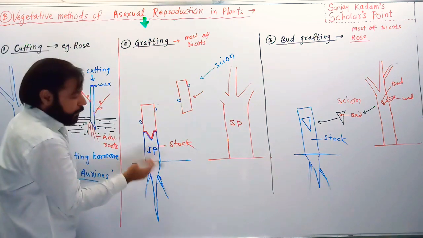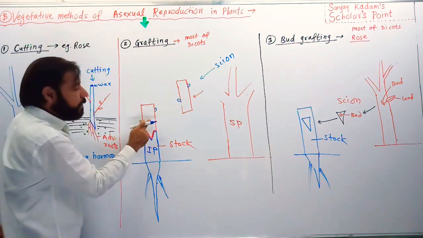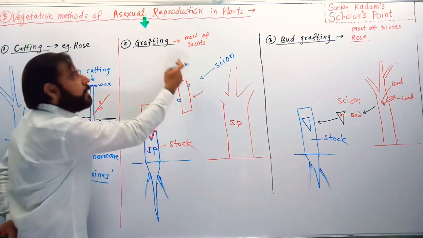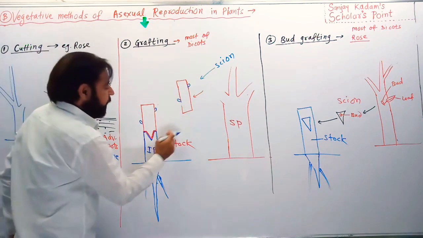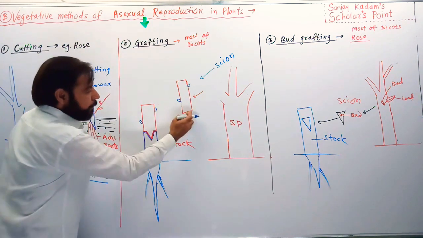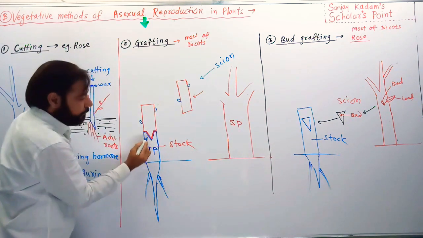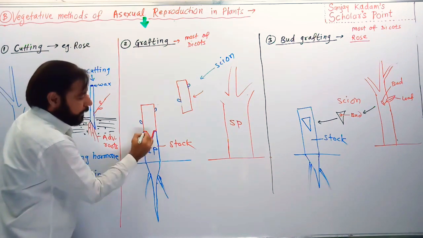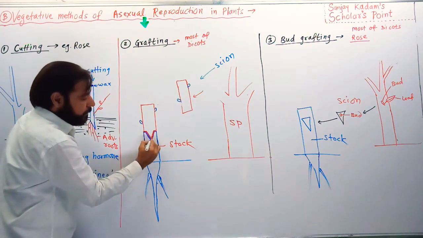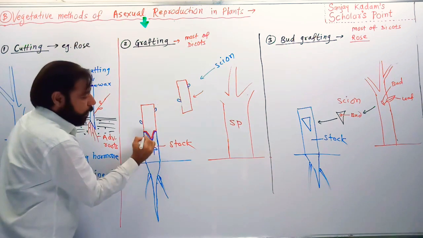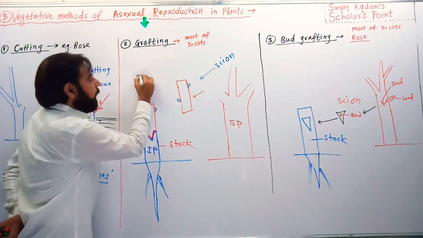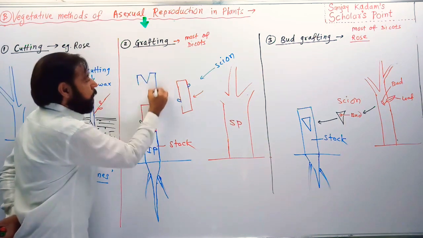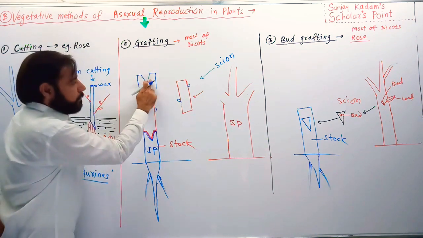Now from inferior quality plant we can develop superior quality plant by grafting method, and in this way now on the stalk we can make a V shape like this, notch or depression.